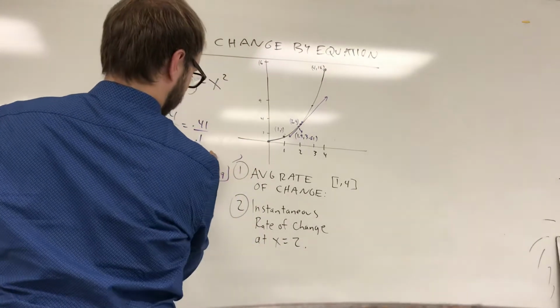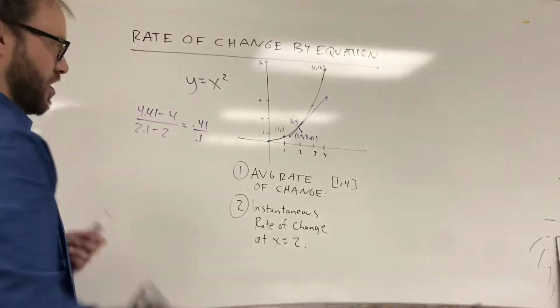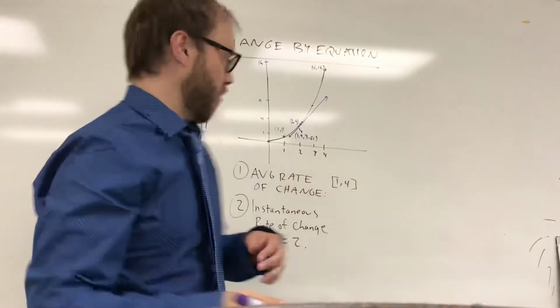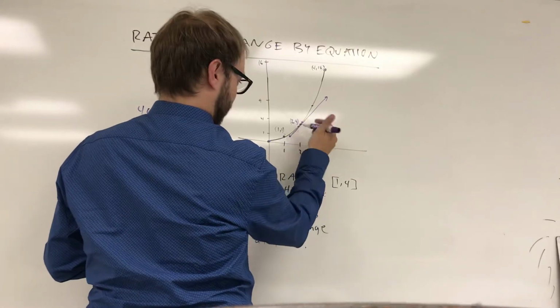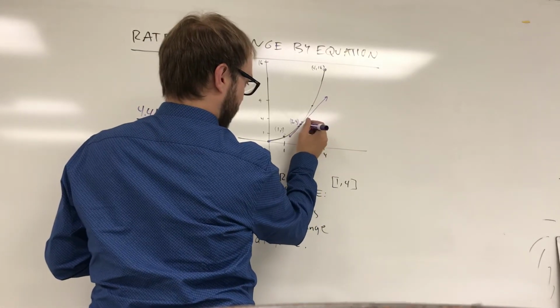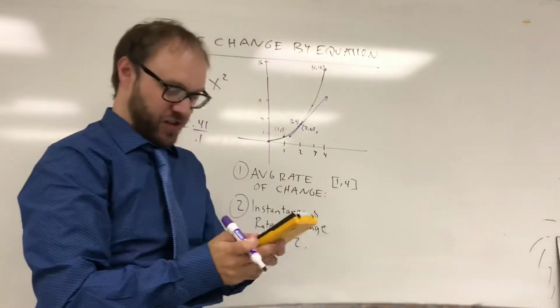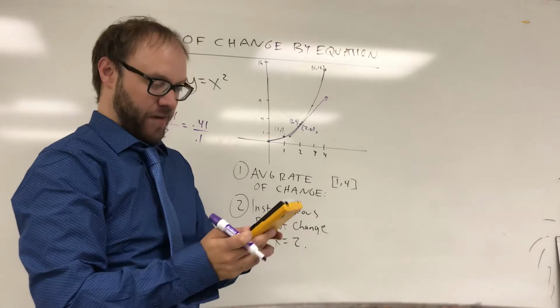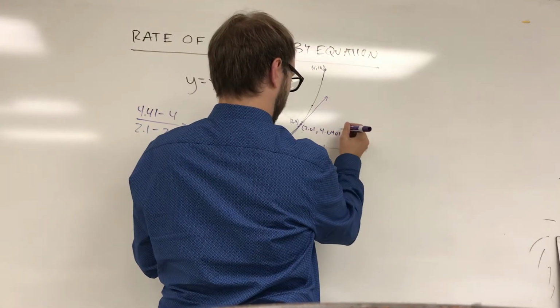Another approach you can use is to just try to keep picking points that are progressively closer to a particular point. For example, let's say I'm picking a point past 2 again. Let's say I've chosen a point at 2.01. Okay, 2.01 squared is about 4.0401.